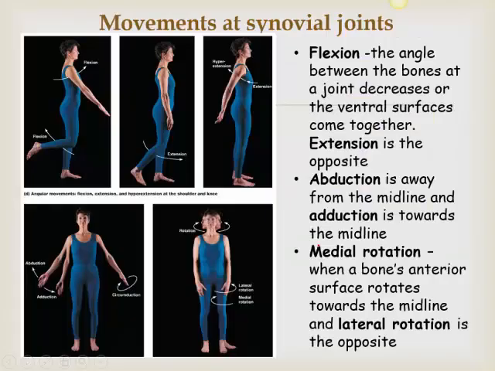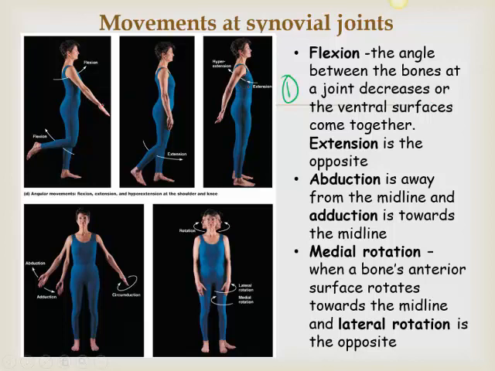So let me go to this and we'll come back there. So the three types of movement. The first type is flexion extension. So flexion is where the angle between the bones forming that joint decreases, or two ventral surfaces come close to each other. That's called flexion.